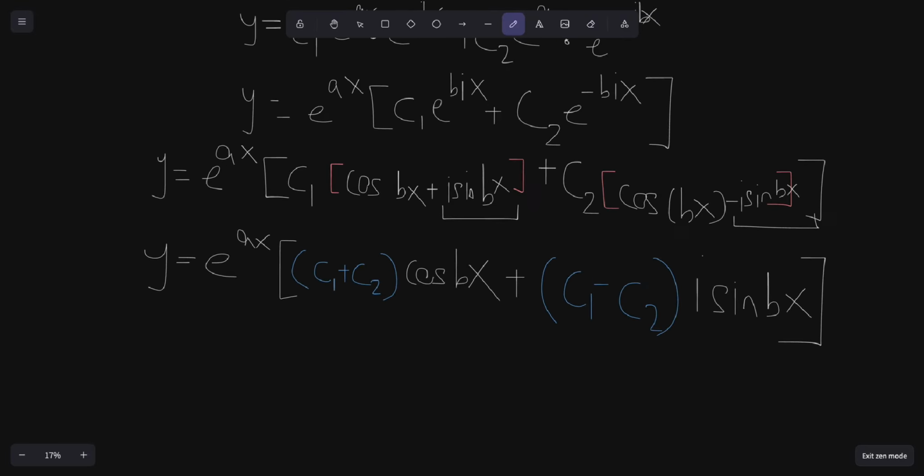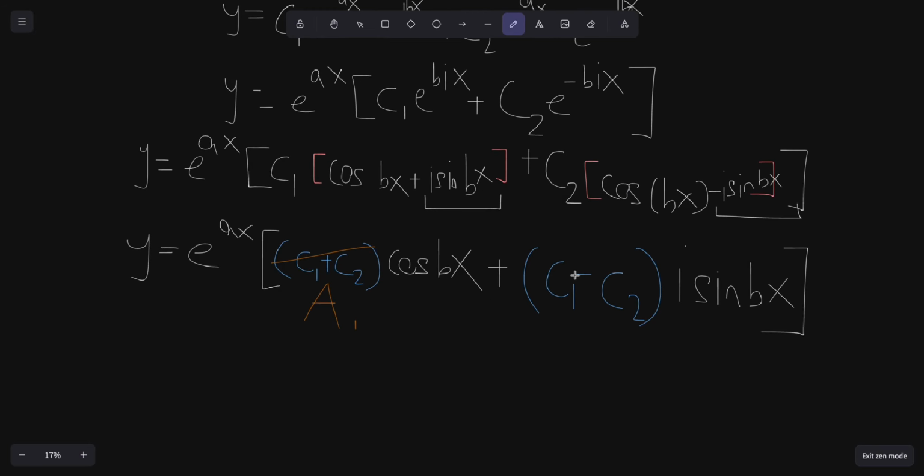Notice how C1 plus C2 is just going to be another constant, which I can just call A1. And notice how C1 minus C2 times I, this right over here, is also just going to be another constant, which I can call A2.